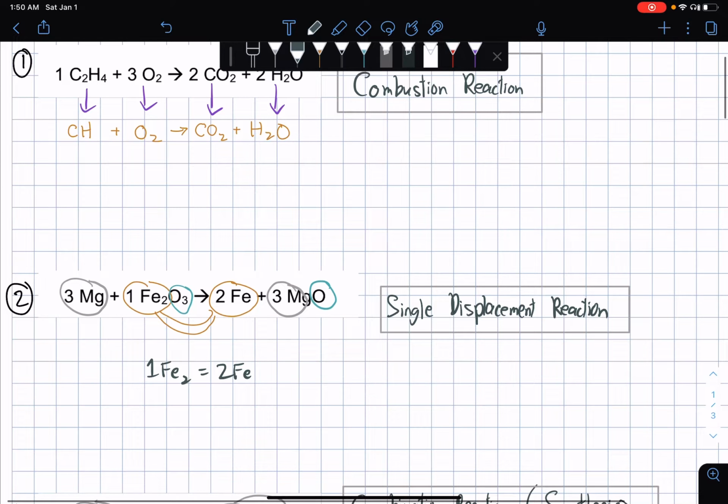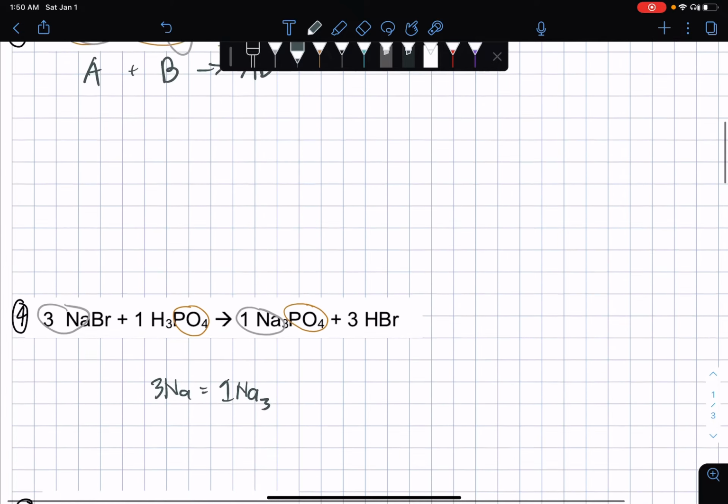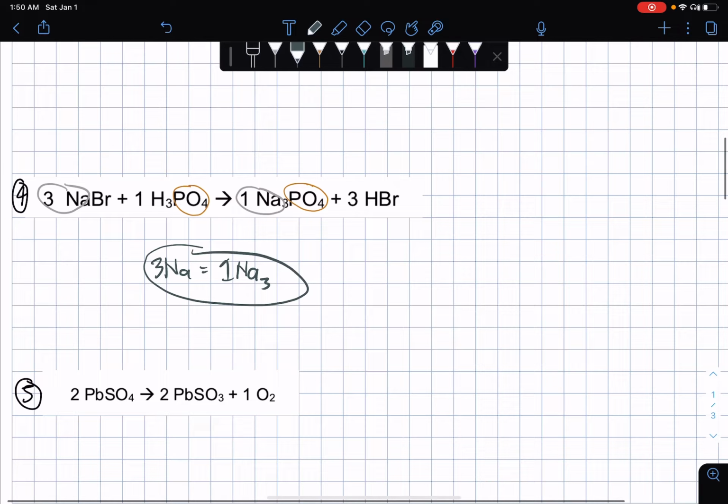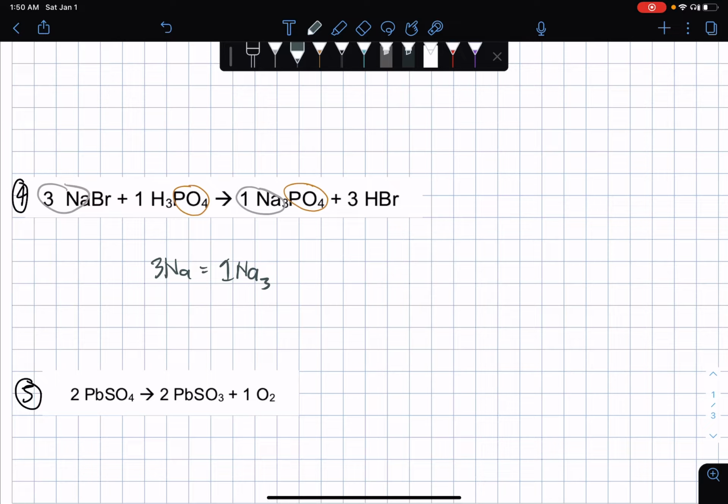It is understood that 1 Fe2 is to 2 Fe, and 3 Na is equivalent to 1 Na3. So please bear those in mind. Also, 3H is equivalent to 1H3. They're just the same.